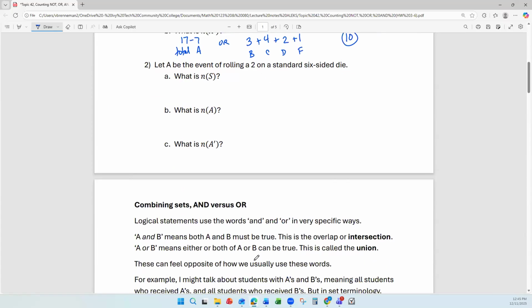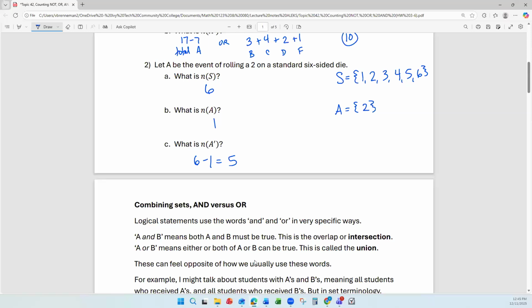Okay, then let A be the event of rolling a 2 on a standard 6-sided die. So the set S here would be 1, 2, 3, 4, 5, 6 as the elements. N of S is 6. The event A would just have the number 2 in it. N of A is 1. So we're interested in how many there are. N of A prime is the rest: 6 minus 1 is 5.